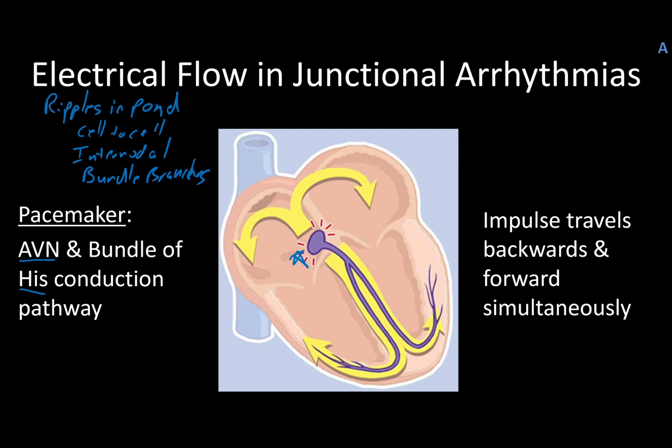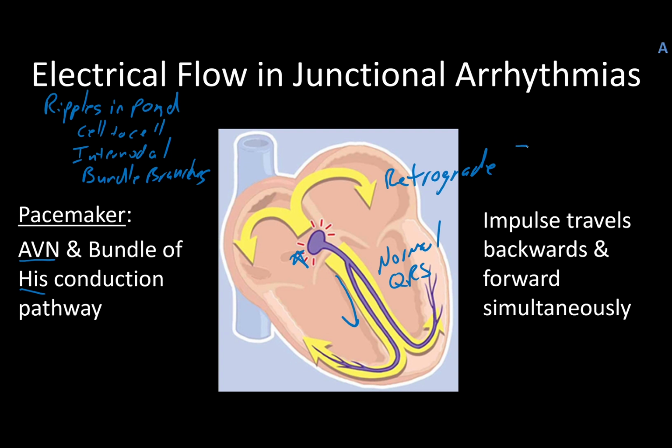What makes this kind of cool is a few different things. When it travels down the bundle branches, it'll produce a normal QRS. But in the atria, because it's traveling backwards, also known as retrograde, that will cause your P waves to actually be backwards of what they're supposed to be.